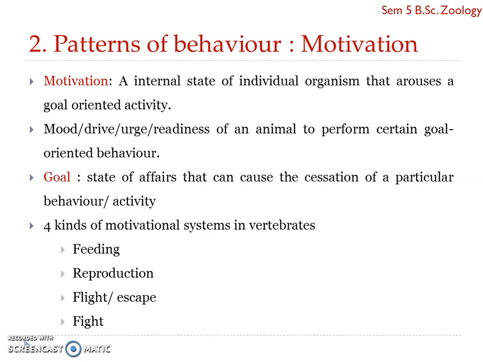And by this time, what happens? The motivational level rises gradually. Once again, after a lapse of a few hours, when the level rises to its maximum, the dog would start looking for the same goal, that is food, and it will show the same set of behavior patterns. That is why it is considered a stereotyped behavior.